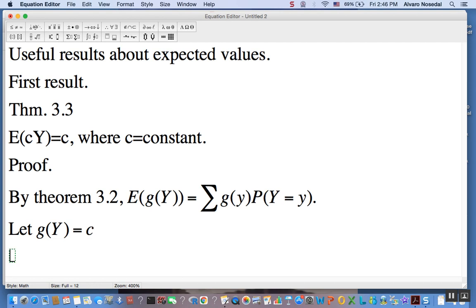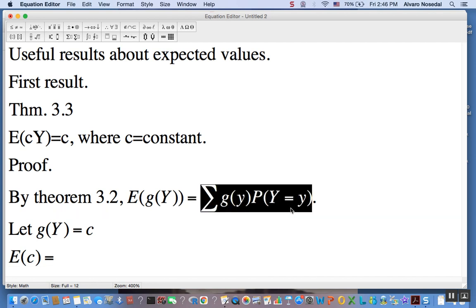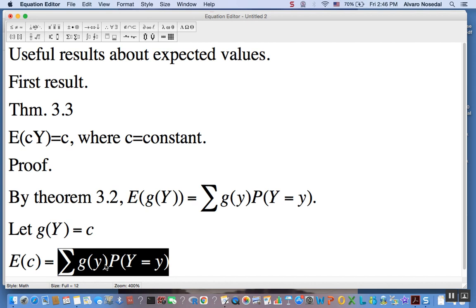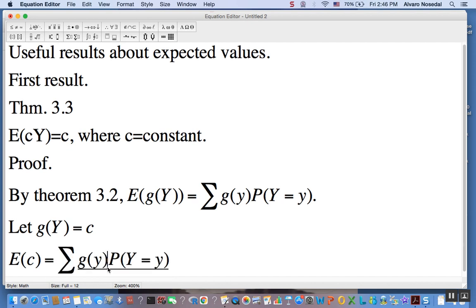So in that case, the expected value of c, just using this, if g of y is c, then I just plug in here a c instead of g of y, right?